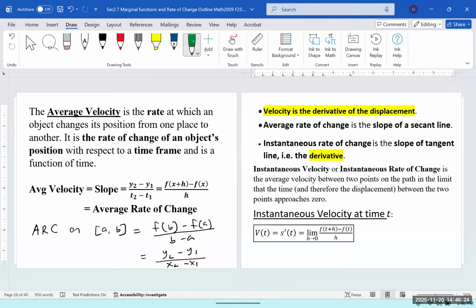So if you see only velocity, it's derivative. If you see instantaneous rate of change, this is also derivative. These two mean the same thing, it's derivative. The only different thing is average rate of change. Average rate of change is the same as average velocity, which is just the slope of the secant line. Means y2 minus y1 over x2 minus x1.